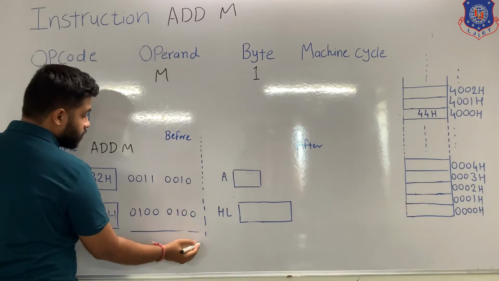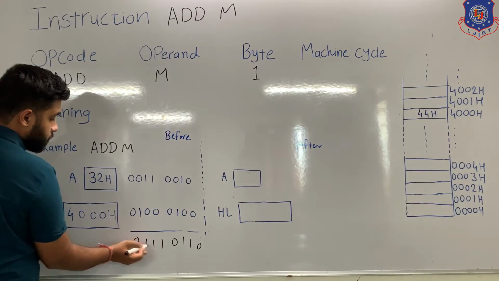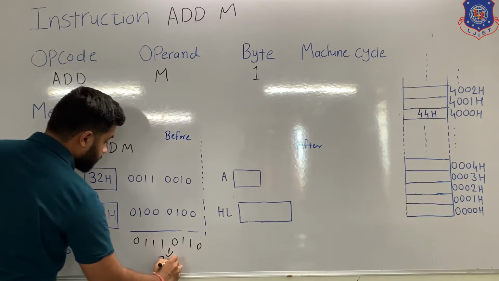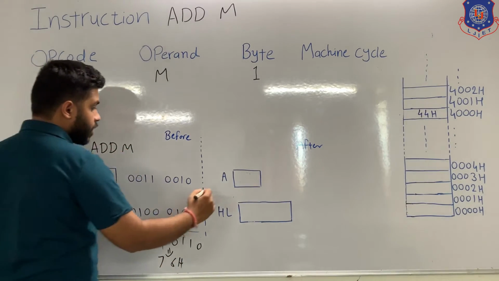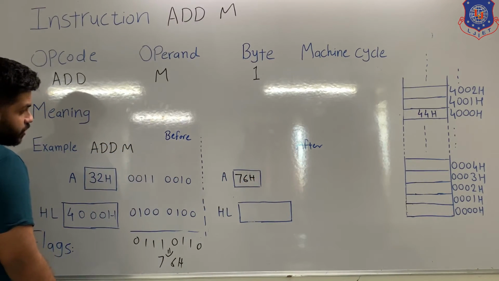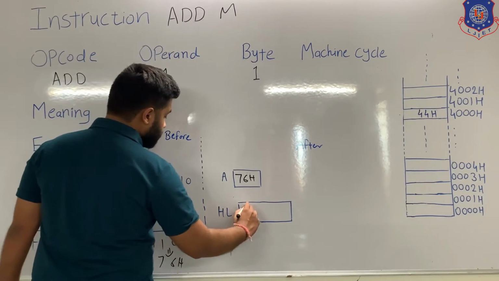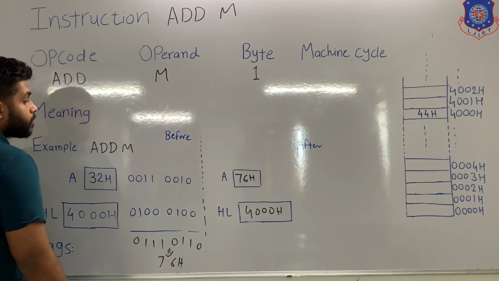Now let's perform the addition. 0 1 1 0 1 1 1 0. If you convert this number into hexadecimal, you will get 76H. After the execution in the accumulator, the answer will be stored, that is 76H. The content of HL pair will remain unchanged, so in the HL pair 4000H will remain.